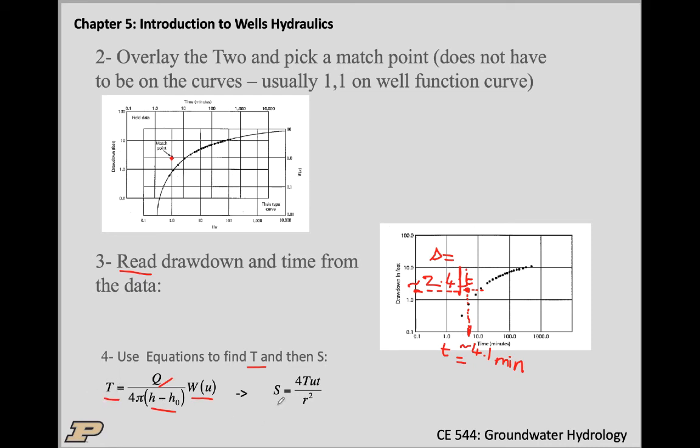Once we have transmissivity, we can plug it in here. Now we have transmissivity, u is 1, time we read, 4.1 minutes, and then r is again the distance of the observation well, so we know that as well. So we can plug everything in and calculate S. And this is the whole Theis method, 1, 2, 3, 4.